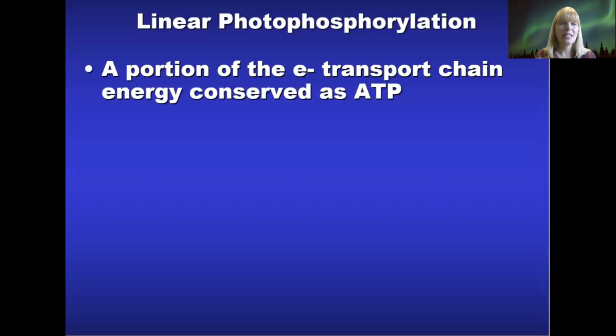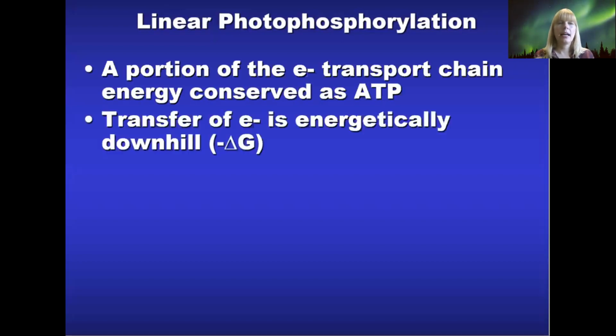So what we see here is that as the electrons are transferred from donor to acceptor on down the line, we say it's a downhill process. What we mean by that is that it's energetically downhill. It's a negative free energy process as you work your way along the electron transport chain.